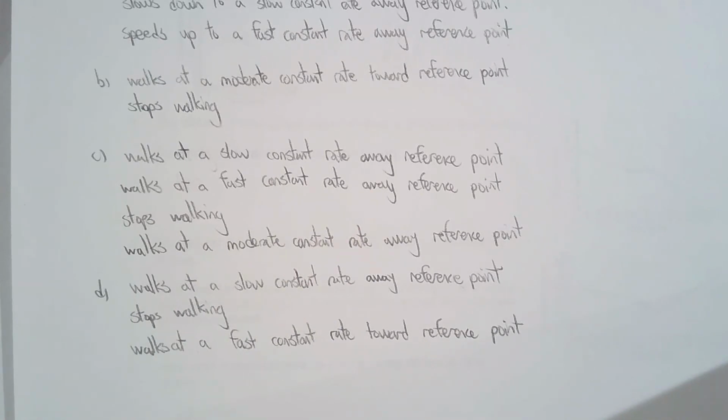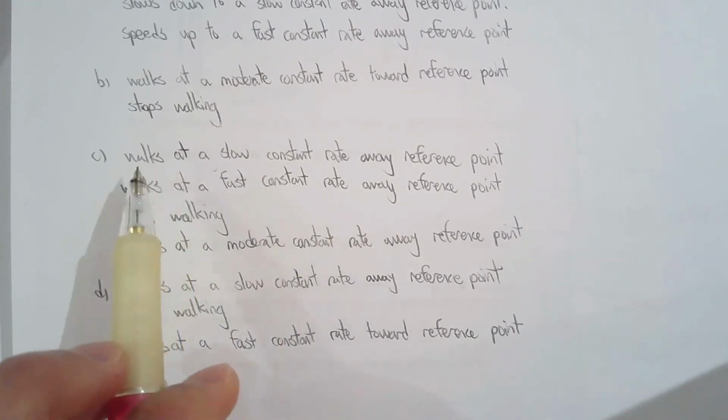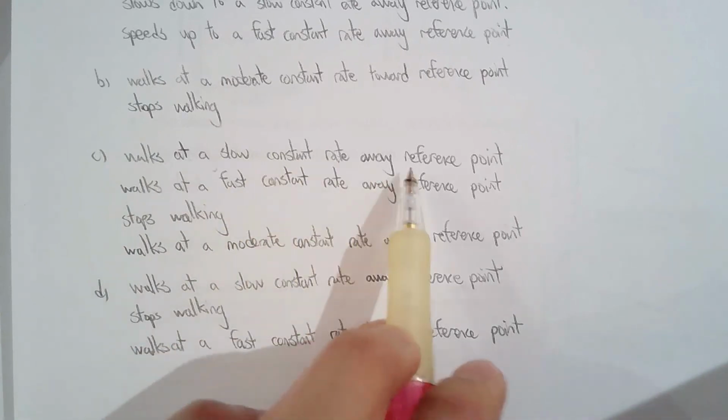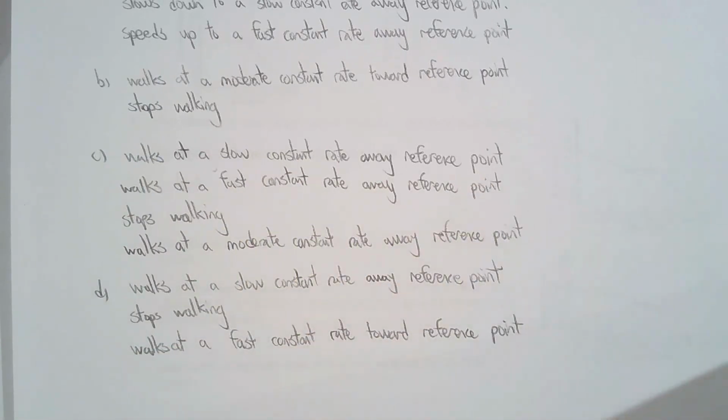You can add some wording in terms of the time it took for the trip, but we're going to do that in the next homework sheet when we have the numbers. But you can say, for example, walk at a slow constant rate away from the reference point for a short period of time or for a long period of time by looking at the graph. But what I wrote here is more than sufficient.